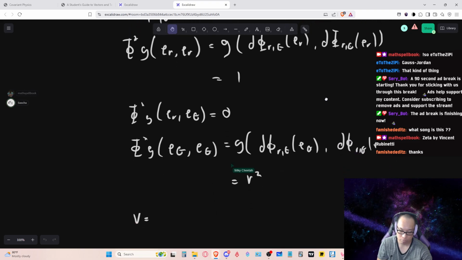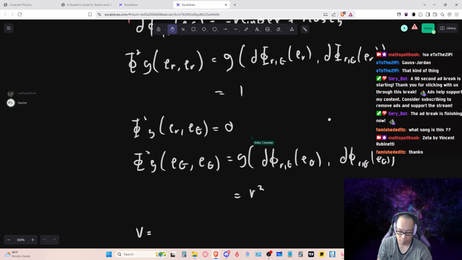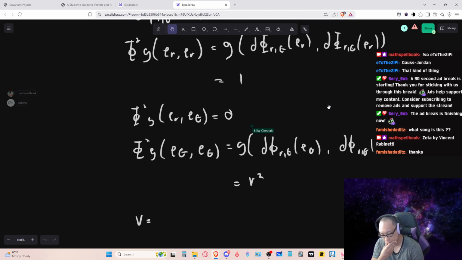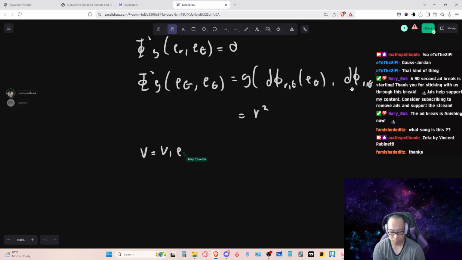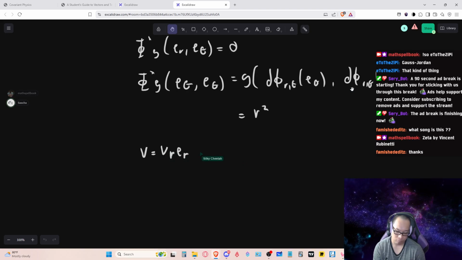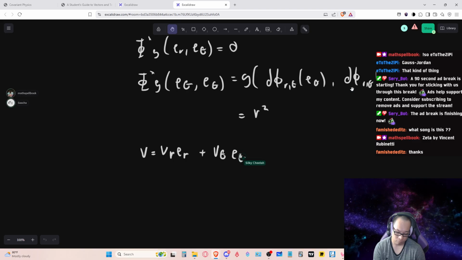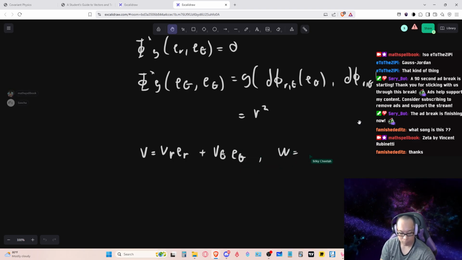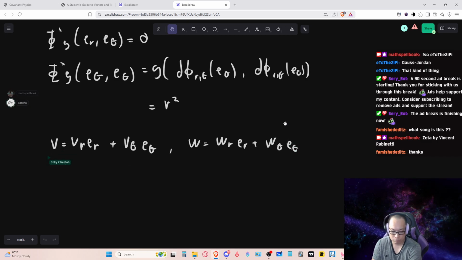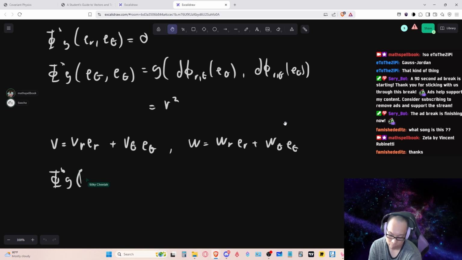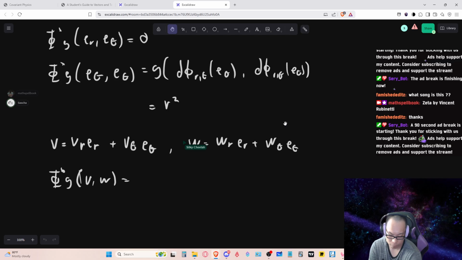For the scalar product it's the same idea: if you know the value of the scalar product on all the elements of the basis, you know everything about it. So in general, if we have, for example, v, a vector in the ER theta plane, something like VR ER plus v theta E theta, and we do the same thing for W, then computing the scalar product using the metric that we stole, we pretty much get the usual Pythagoras theorem.